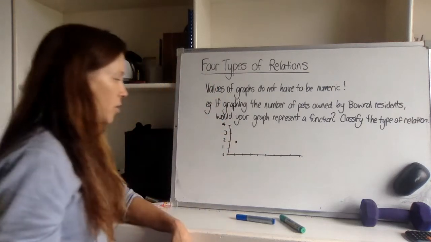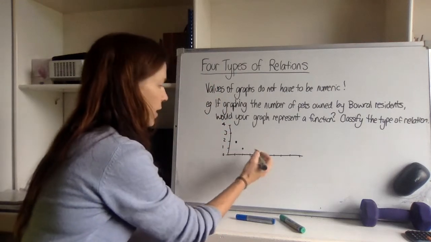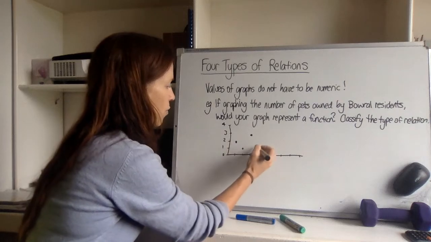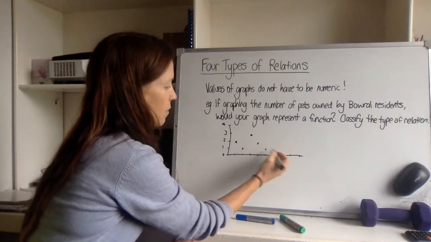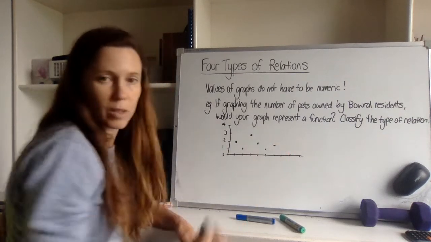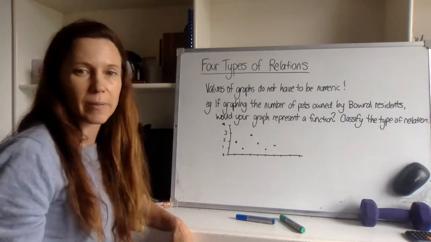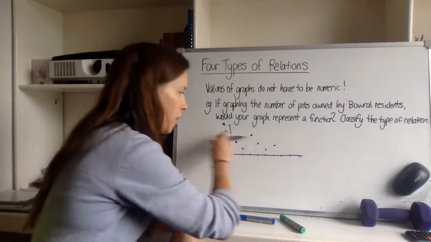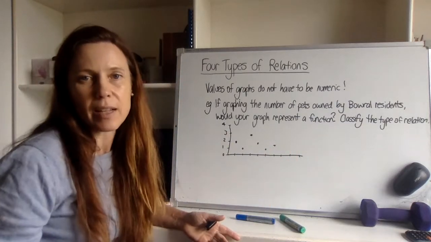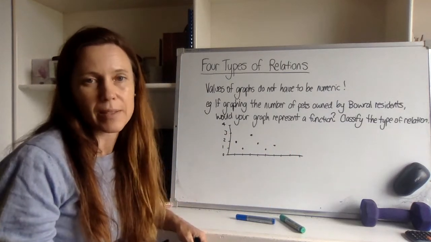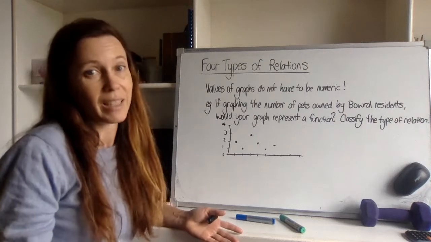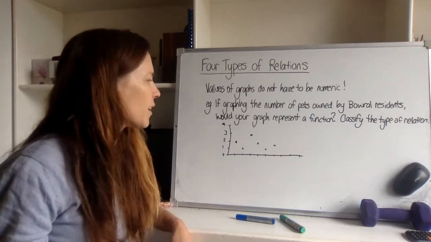Now, if we survey the first person and they say, oh, I've got 2 pets, we'll put a dot. Survey the next person, they have 1. Is it likely that we're going to have more than one person that has the same number of pets as someone else? Well, yeah, it is. So this graph, if we were to look at a pattern here, is going to fail a horizontal line test, because it's likely that there will be some number of pets that is owned by at least 2 people. Okay, it's very unlikely it wouldn't be.